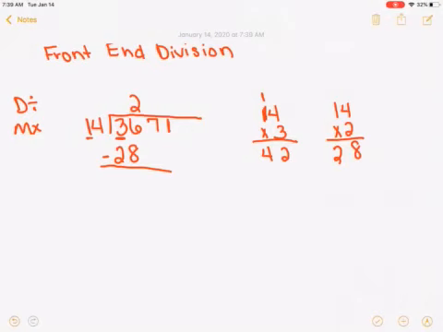Okay? So we get 8. All right, so clearly we see that 14 is bigger than 8. So that's us checking or comparing. And now we bring down the next number.